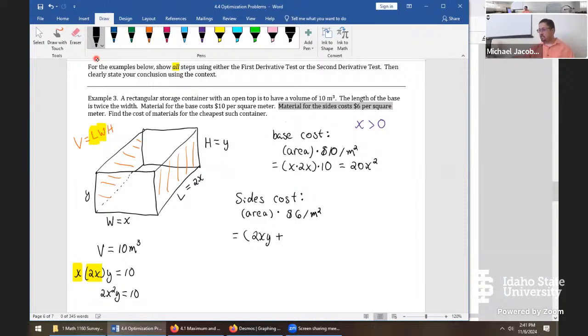There'll be plus, just like the front and the back face, 2 faces with the same exact area, the left and the right. So we put a times 2 there. And now that we're looking at the area of this side of the face, it's just going to be 2x times y. So times 2xy, close that parenthesis, the whole thing is being multiplied by 6.